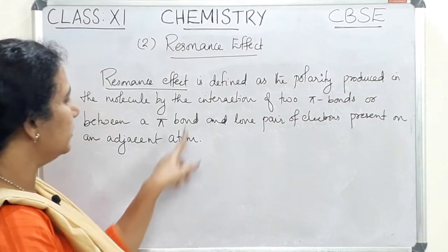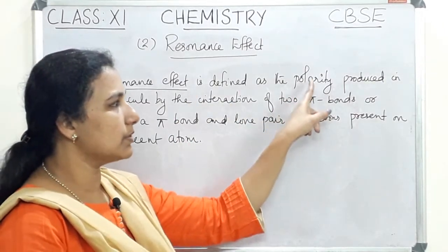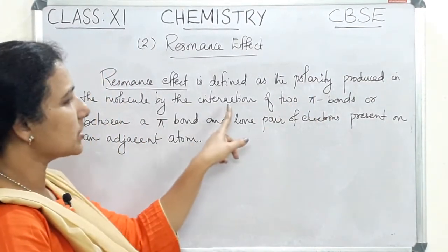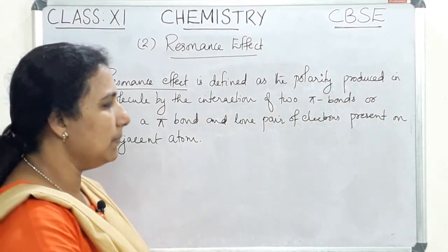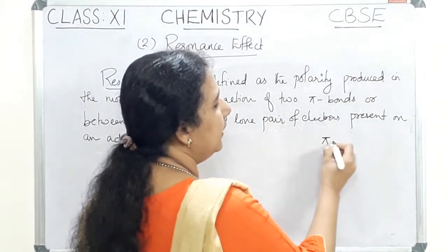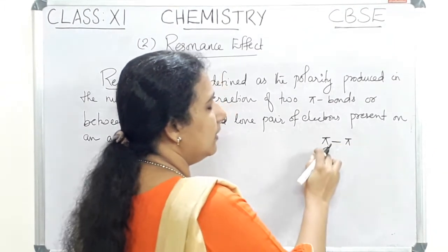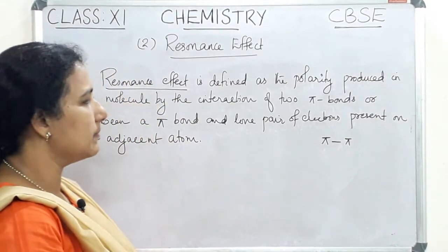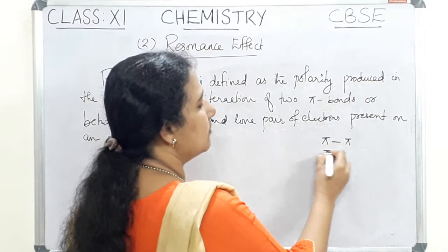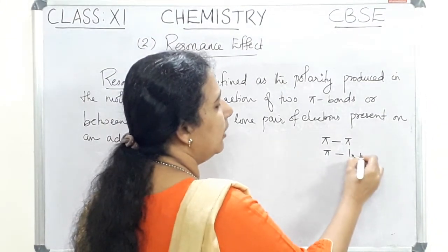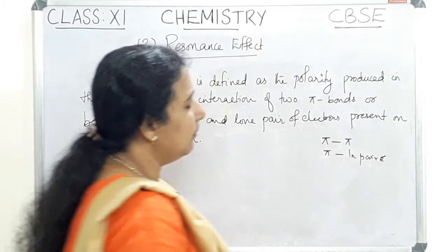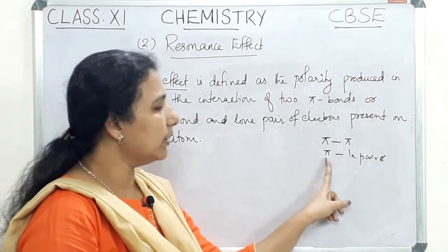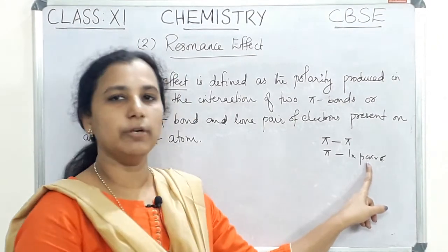So actually due to this effect there is a polarity produced. Polarity means charge will be produced in the molecule by the interaction of two pi bonds. There may be two pi bond interaction, so pi bond electrons are there, or there is interaction between a pi bond and a lone pair of electrons.